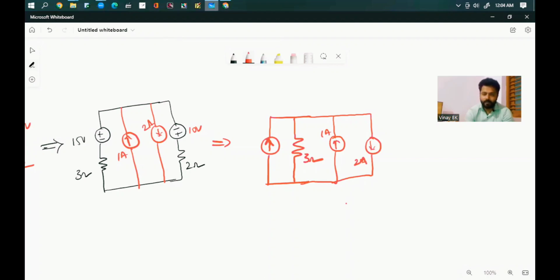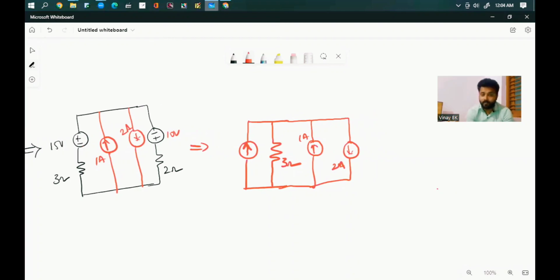Again you convert this 10 volts, 2 ohm into a current source. The circuit will be like this: 10 volts downward, so that downward current source is in parallel with the same value of resistor, that is the 2 ohm resistor.